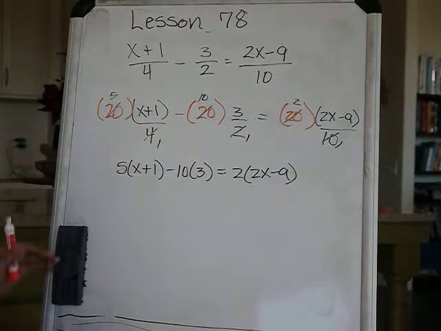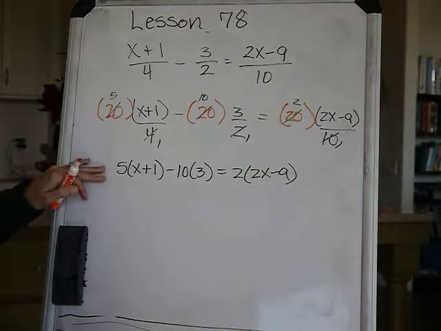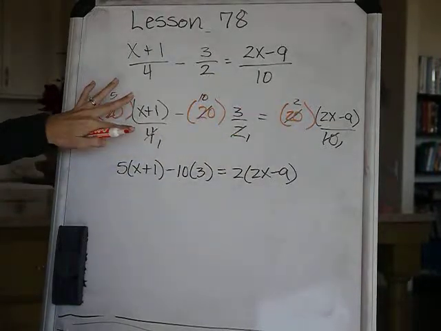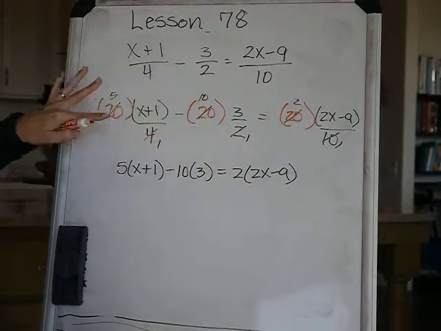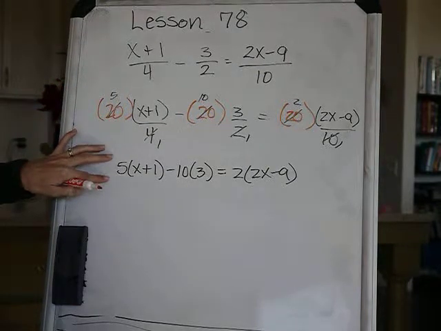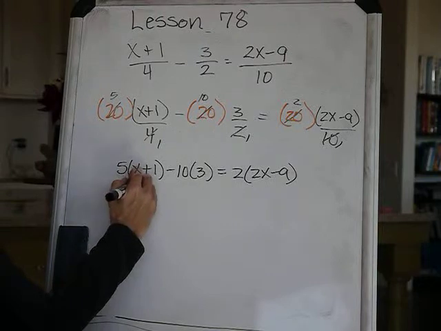But you can skip this step if you can keep track. If this gets messy and your brain gets a little overstimulated, you can put it down and make it look like that.